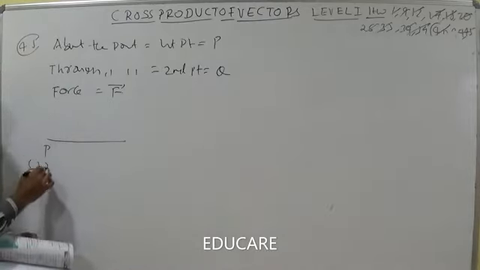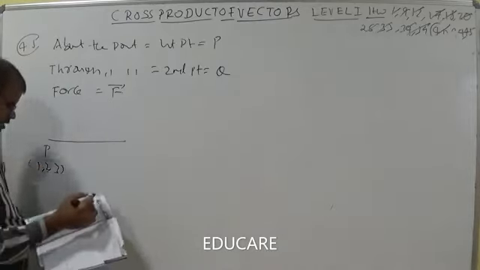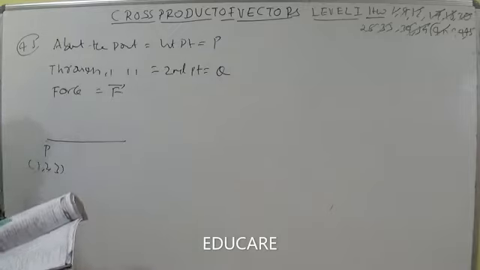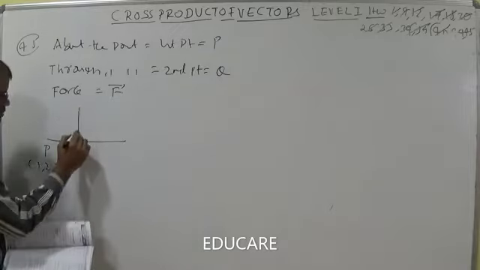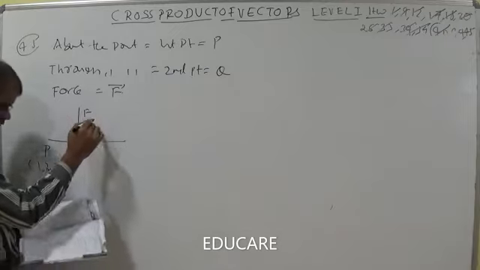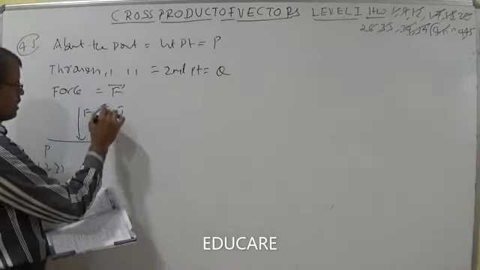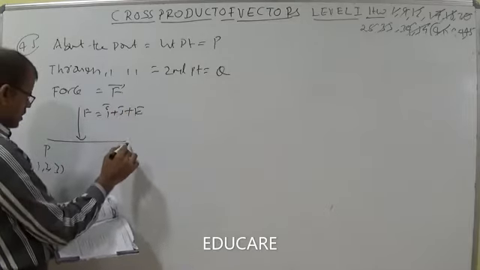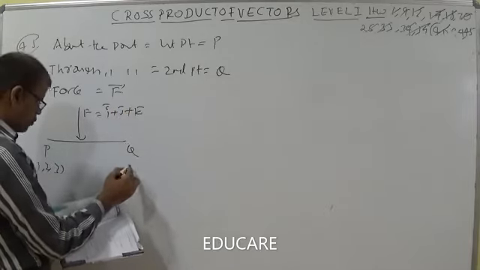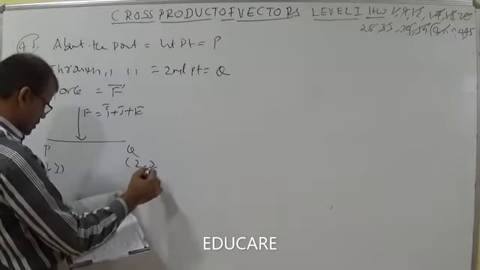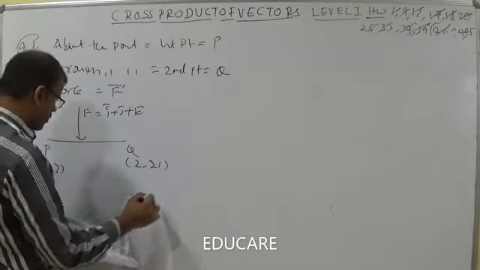I am writing here components 1, 2, 3. For a force represented by, this is force. Read the question, don't get confused, then you will get an idea. F is equal to I plus J plus K, and this is Q. Q is through the point 2, 3, 1.